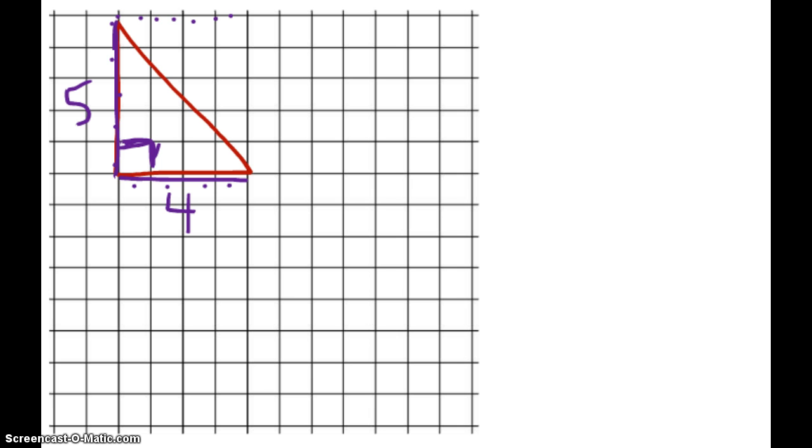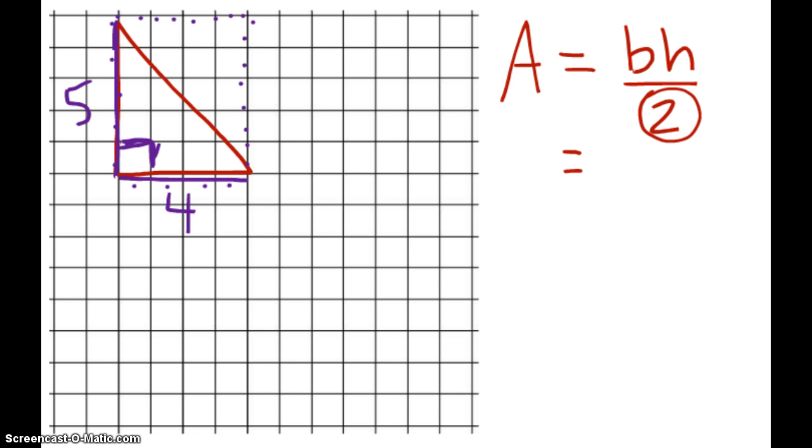Now if this were an entire rectangle here, all we would have to do was say 4 times 5, but it's not. So to find the area here, we have the base times the height divided by 2. Don't forget the divide by 2. A lot of people forget the divide by 2. If you don't do the divide by 2, then what you're actually finding is just the area of a rectangle.